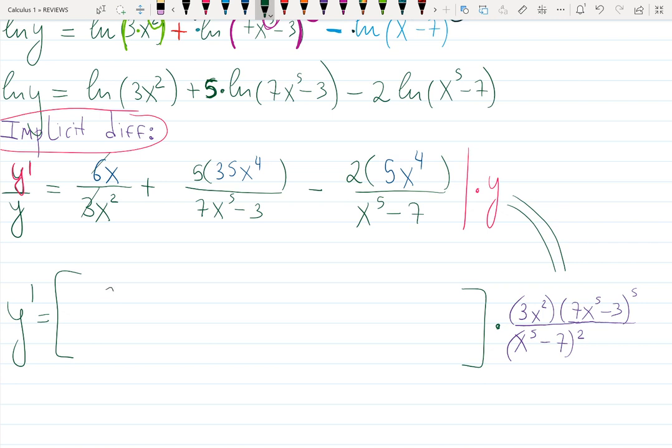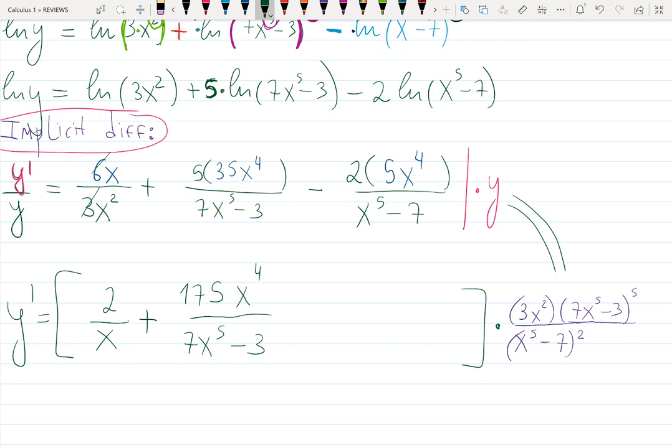It's going to be 2 over x, not too bad, plus 5 times 35, x to the 4, becomes 5 times 35 is 175, x to the 4 all over 7x to the 5 minus 3.